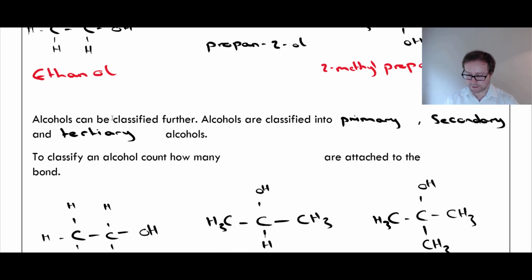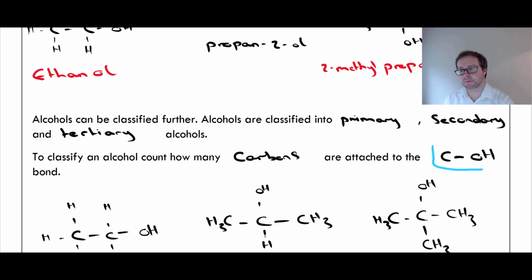So to classify an alcohol, count how many carbons are attached to the C-OH bond. So we're looking at this bond. How many carbons are coming off it? E.g., so this is what we're looking at.